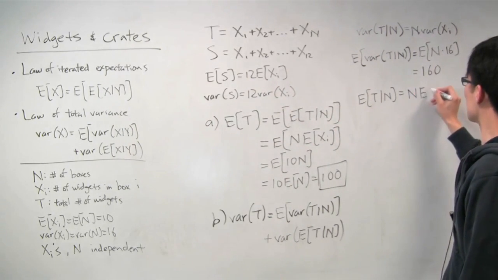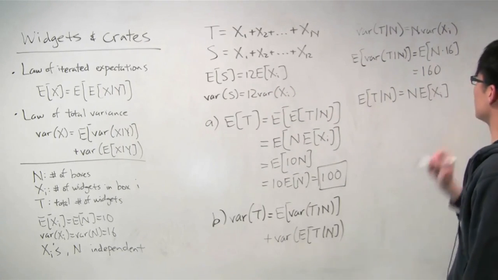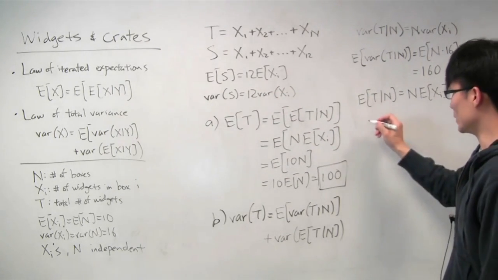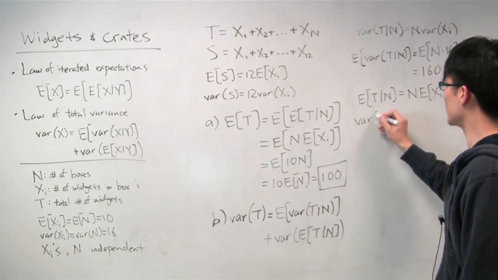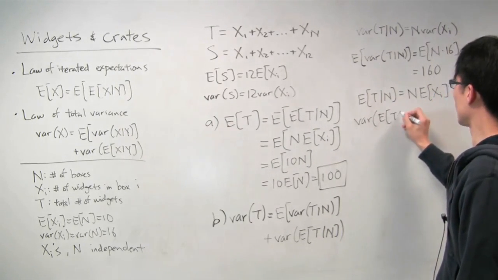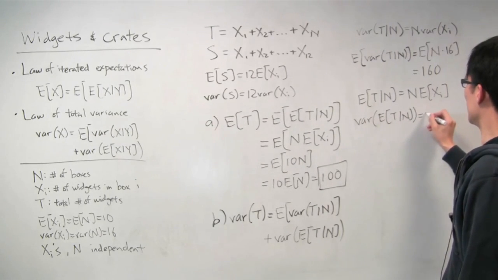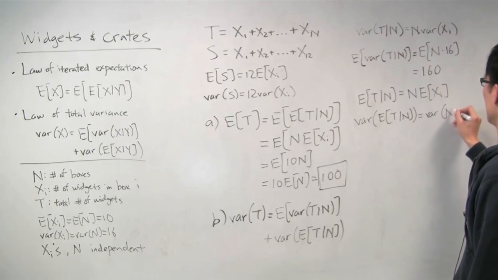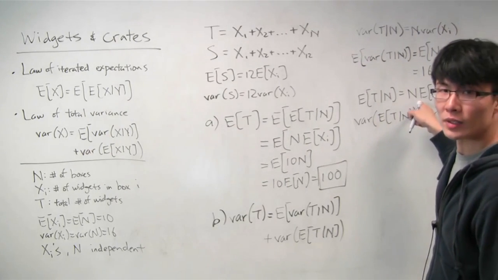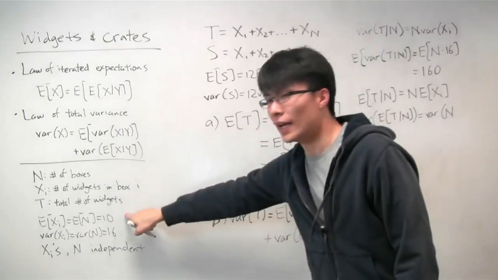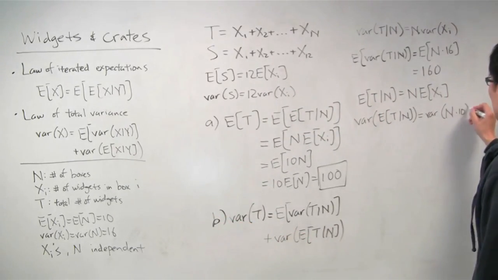So it would be n times the expectation of each Xi. All right, and now to get the second term, we just take the variance of this. So the variance is the variance of n times the expectation of each Xi. And the expectation of each Xi is 10. So it's n times 10.